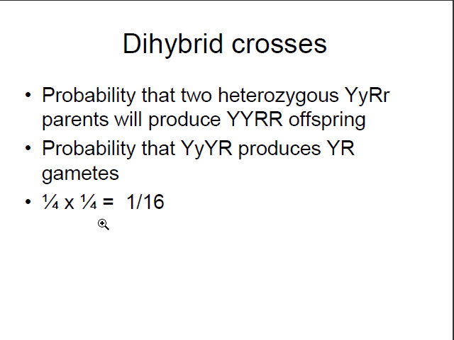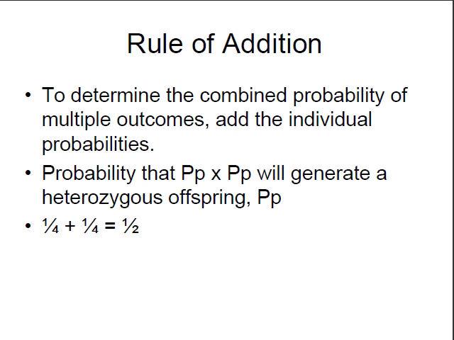That makes sense: 1 out of 4 gametes has to be in a certain configuration, and the other gamete has to be similar, and when you bring those together, that's 1/16.